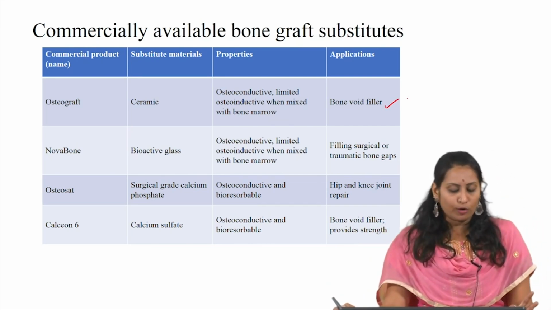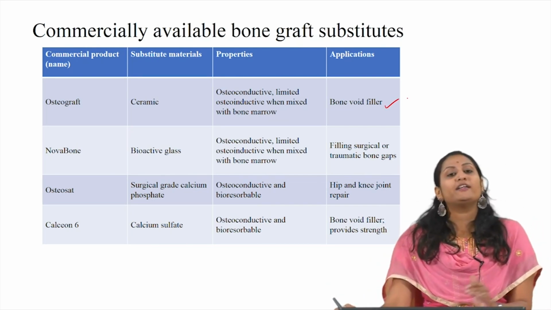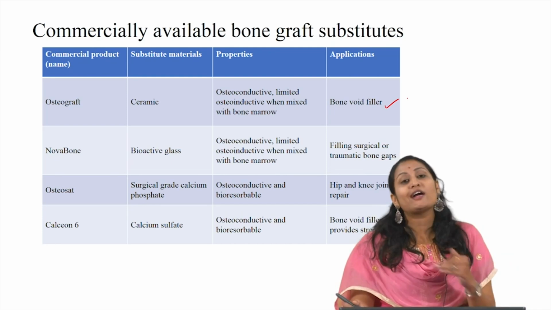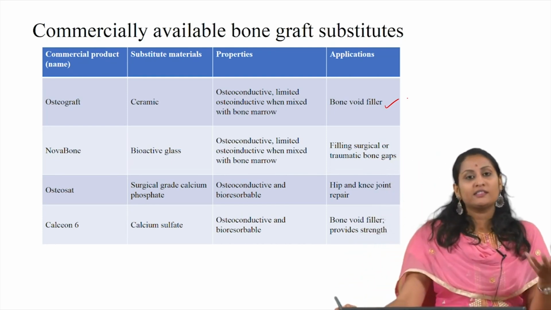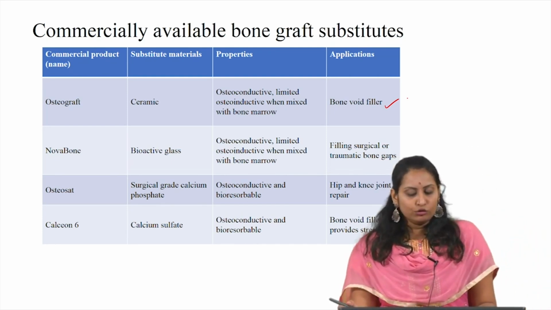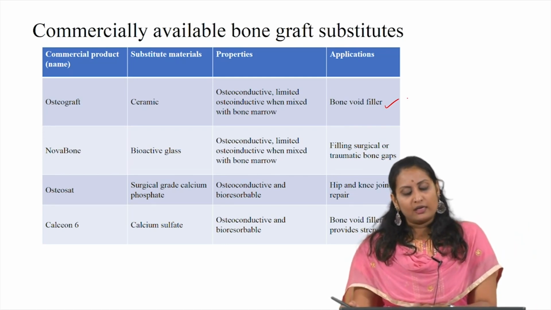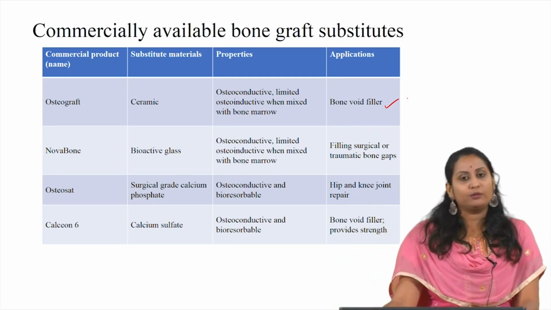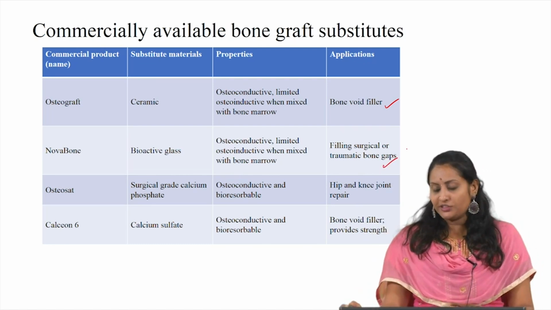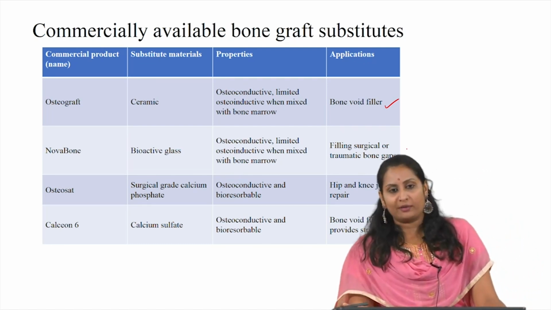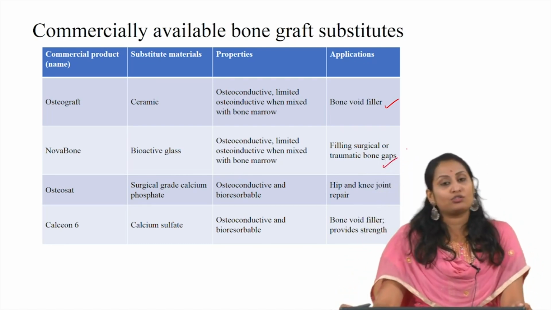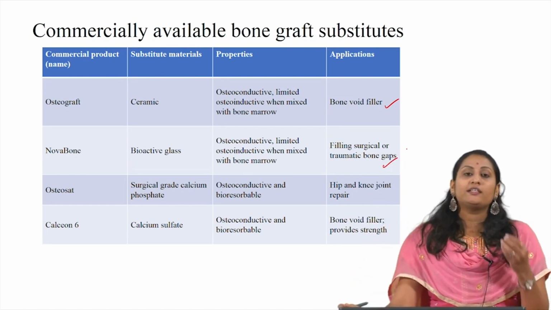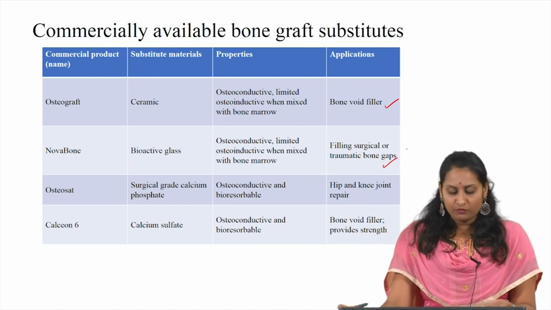The next product is Nova Bone, which is a bioactive glass. Bioactive glass is nothing but silicates. It is osteoconductive, limited osteoinductive when again mixed with bone marrow, and fills surgical and traumatic bone gaps. The third one is Osteosat, which is surgical grade calcium phosphate.